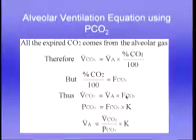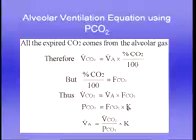Now it turns out, and here I have to go ahead a bit because we haven't covered this yet, we're going to cover it in the next lecture, you'll have to just take it from me for the moment: the partial pressure of CO2 is equal to the fractional concentration times a constant K. In other words, the partial pressure is proportional to the fractional concentration.